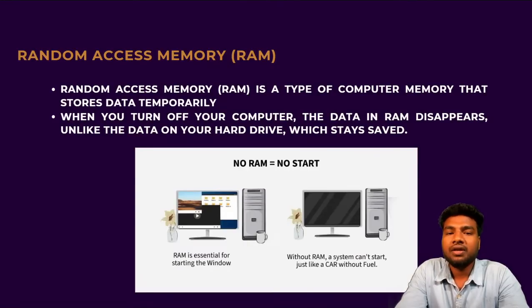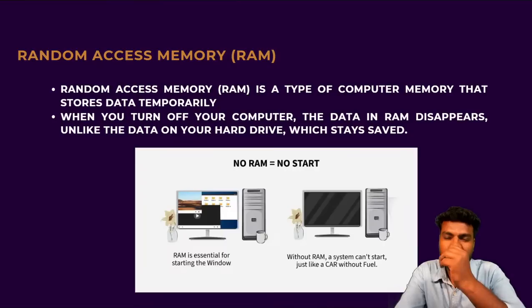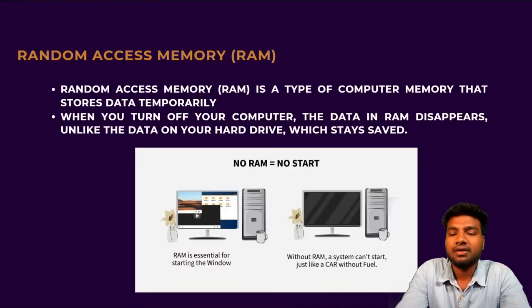For that, the BIOS must start first. If you start your computer, the BIOS must start, and for that we have to give some instructions. To start our computer, firstly we have to boot, and then we have to boot our OS.